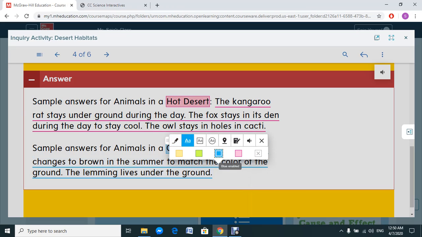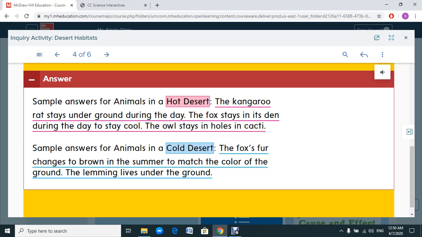So this was some adaptations for animals in hot desert and cold desert. Stop the video here, fill in the table. In the hot desert part, write the pink underlined words. In the cold desert part, write the blue underlined sentence. Again, stop the video here, write the answer, then follow us.